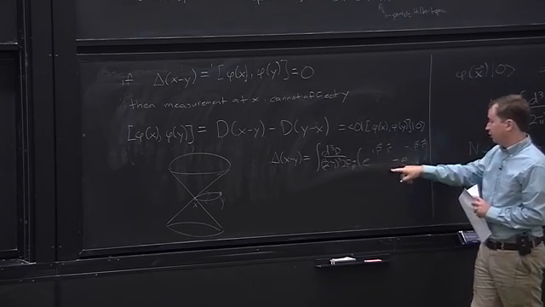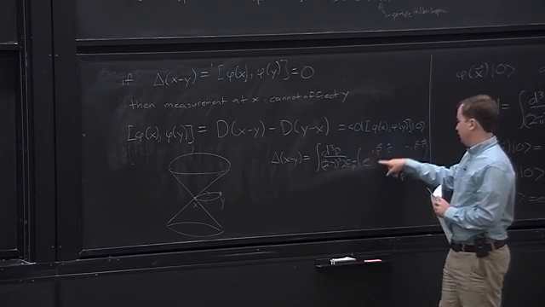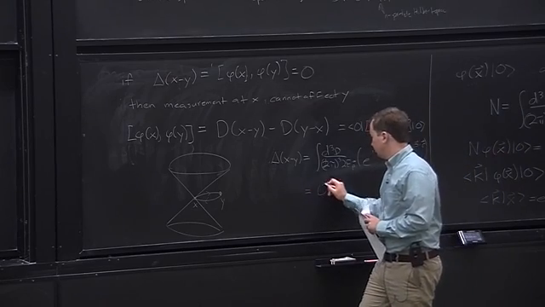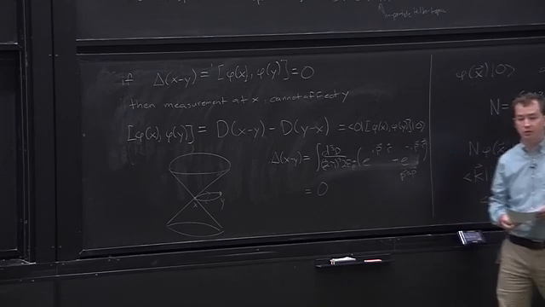We just flip the sign here, and we get e to the iPR minus e to the iPR, so we get 0. The commutator does vanish.